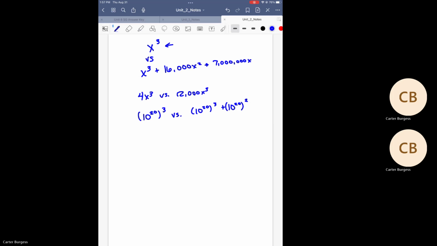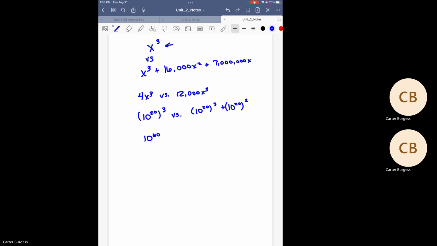So let's think about this in terms of the actual numbers. 10 to the power of 20 cubed is 10 to the power of 60. This is an insane number. This number is so ridiculously large. This is a 1 with 60 zeros after it. It is an absurdly massive number.